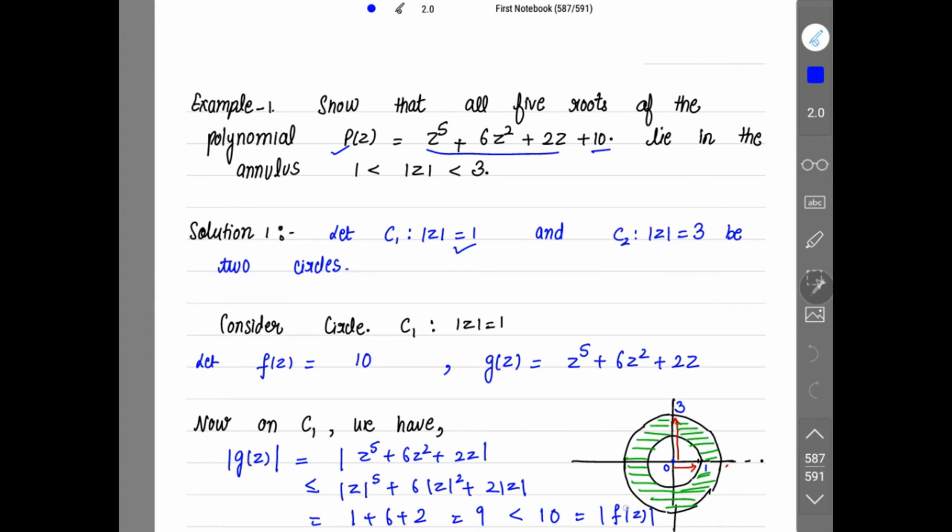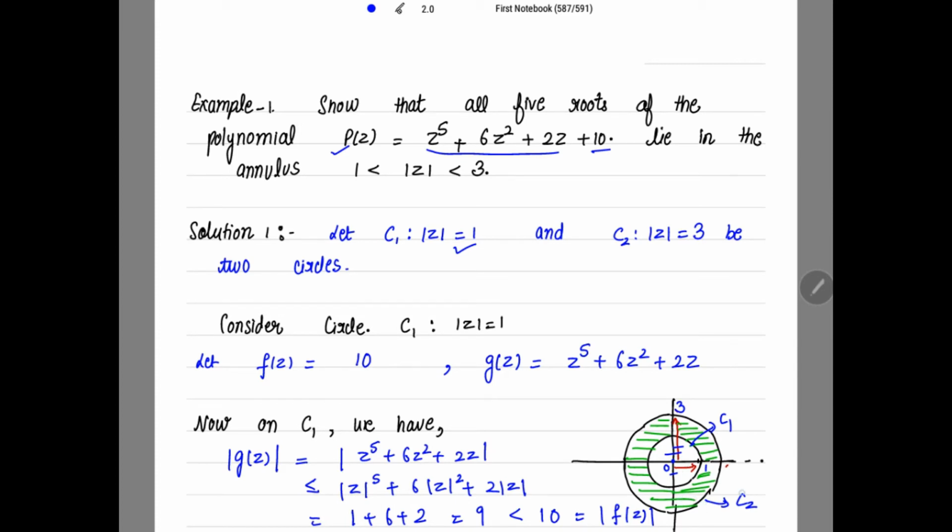What we are saying, we have proved that for the circle C1, pz has no zeros inside this circle C1. This is your circle C1, this is your circle C2. But for the circle C2, we have proved that pz has all the 5 roots inside the circle C2.